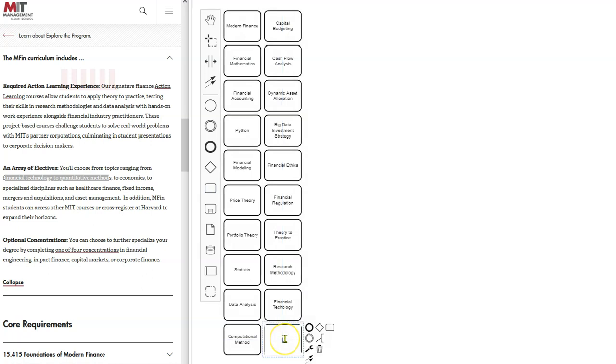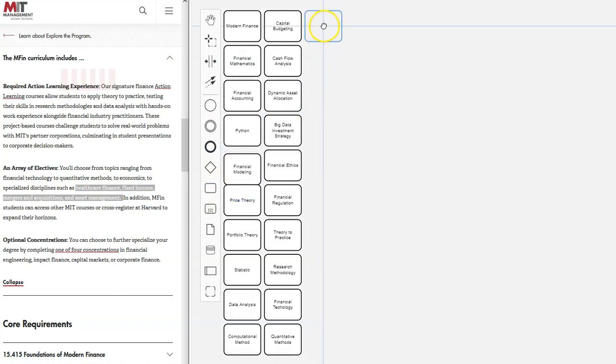And then the other one is quantitative methods. Quantitative methods. Economics. Specialized disciplines such as these three. Okay. So let's add economics here. And I'll just go ahead and stick the S's back on for just sounds better as an English speaker.